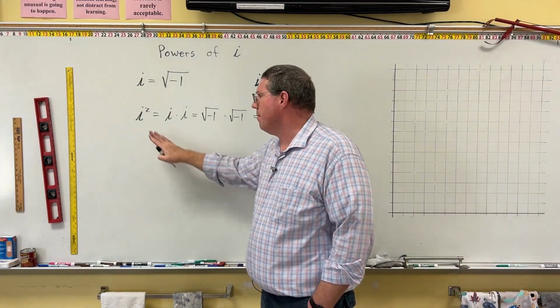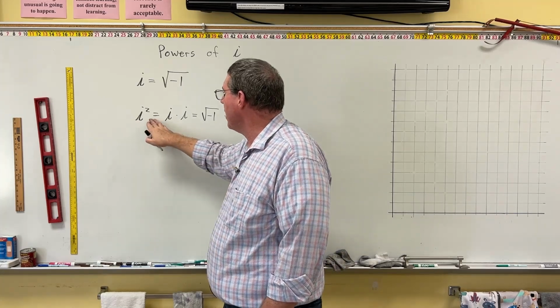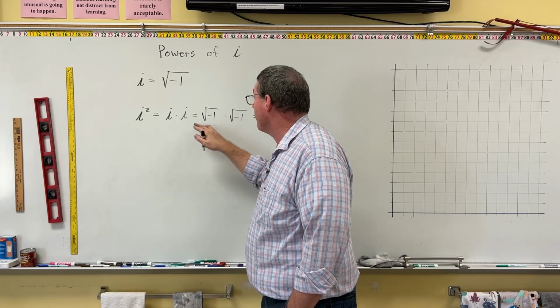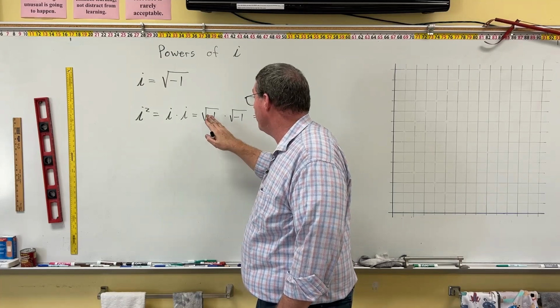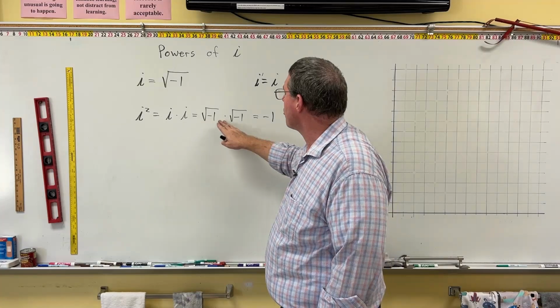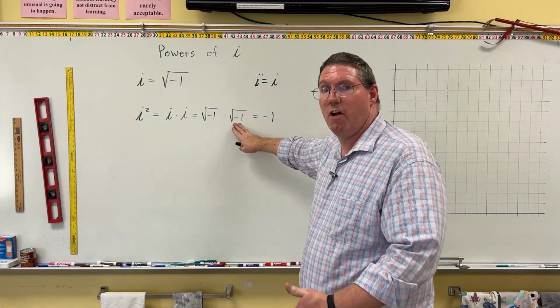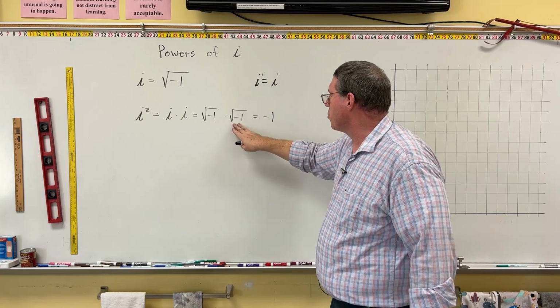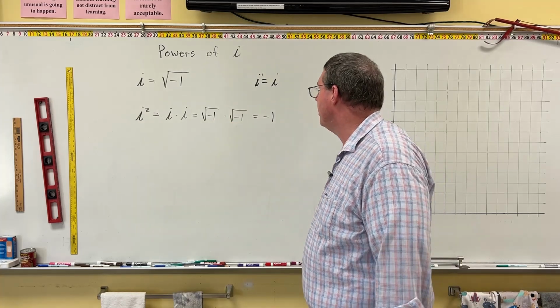But i to the second power is a little different. See, i to the second power is equal to i times i. And since i is the square root of negative 1, we would do the square root of negative 1 times the square root of negative 1. Whenever you multiply a square root of something by itself, all it does is cancel the square root. So the square root of negative 1 times the square root of negative 1 is equal to negative 1.